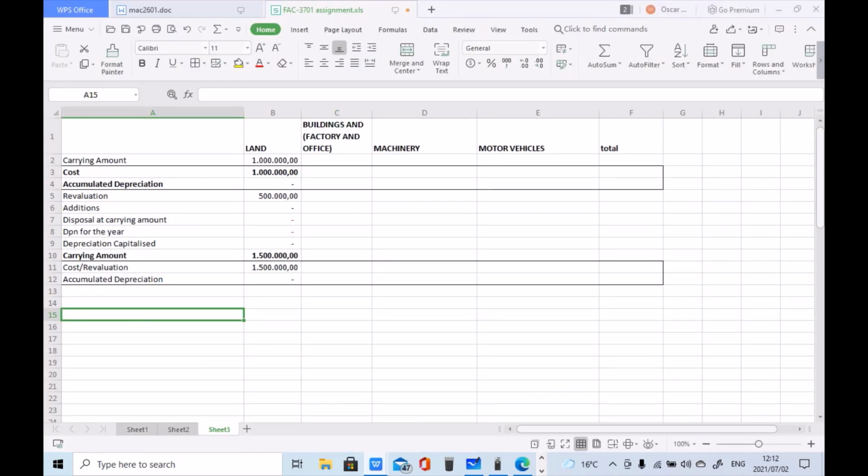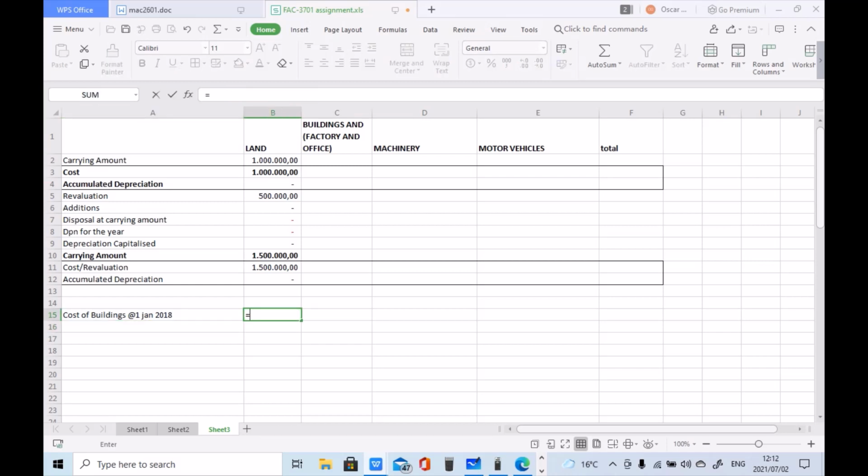we're going to say buildings at cost, at 1 Jan 2018, right? And then depreciation, so this is going to be the 2.4. This is 2.4 million.